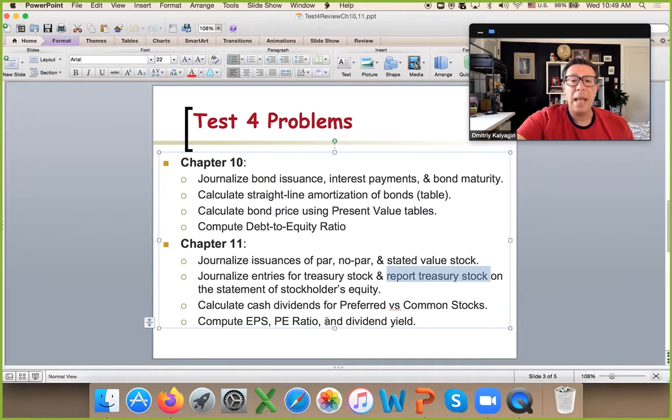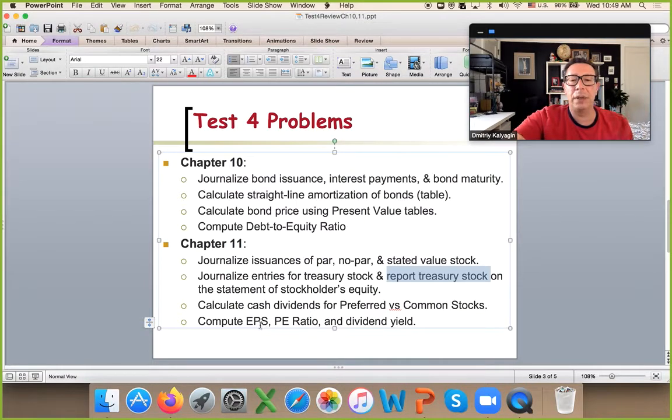For cash dividends, I will give you information about preferred stock and common stock, and you will have to calculate cash dividends for both. Remember that preferred stocks have a preference in being given dividends, and if you don't have money to pay your preferred stockholders, we call it preferred stocks in arrears, and you have to pay this amount before you can pay anything to common stockholders.